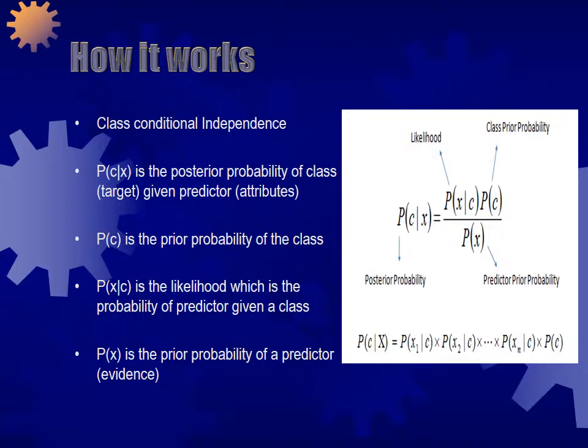If you do this, you'll come up with the probability of the posterior. But since in naive Bayes, we are dealing with class conditional independence, we are mainly concerned with the probability of the likelihood multiplied by the probability of the class prior.